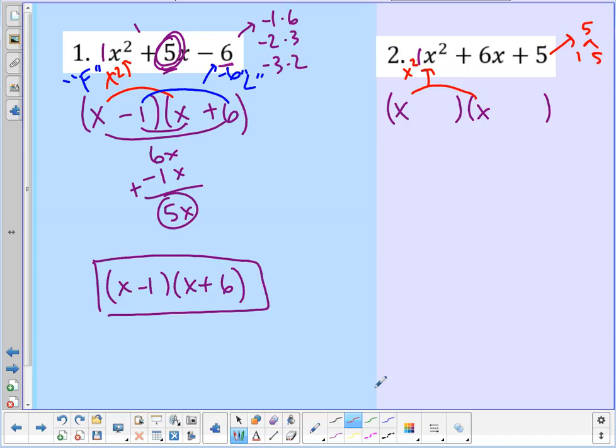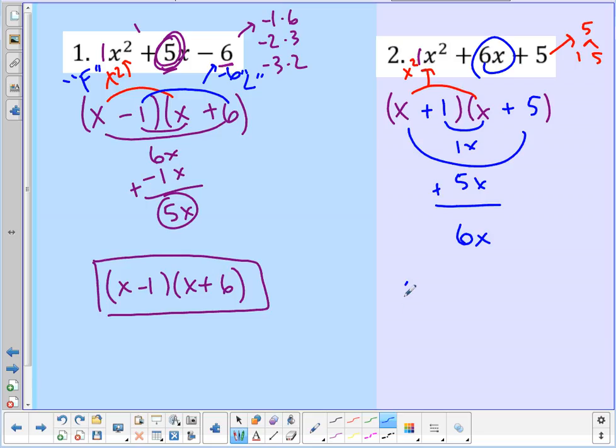So I know I'm going to have plus 1, plus 5. And then just check your insides and outsides. Insides make 1x, outsides make 5x, and if I add those together, I get 6x. That's what I want in the middle, so I know that's my factored form: x plus 1 and x plus 5.